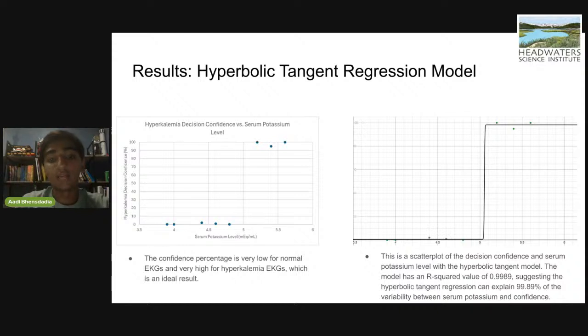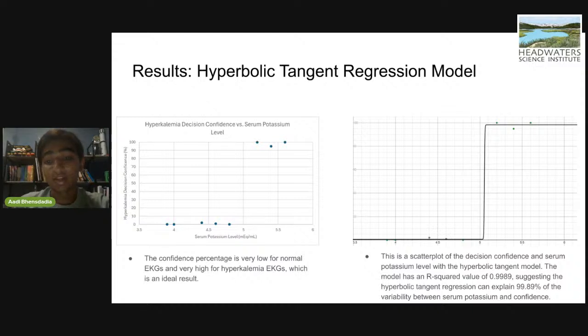And then anything above 5.2 milliequivalents per liter, which we can also see in the scatter plot, has a very high hyperkalemia decision confidence, sorry. So that is also an ideal result. And next, I created the hyperbolic tangent regression model that you can see on the right. It's superimposed on the scatter plot that we saw on the left.